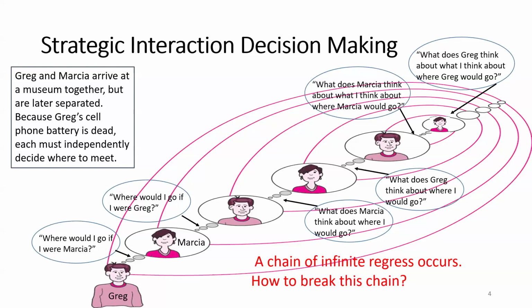So here is the shopping mall or museum. There's a shop here. The boy is here, the girl is here. They cannot connect.